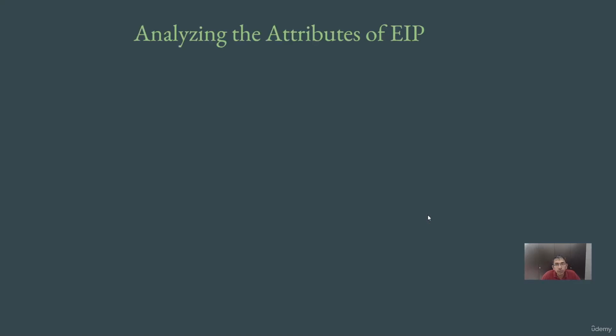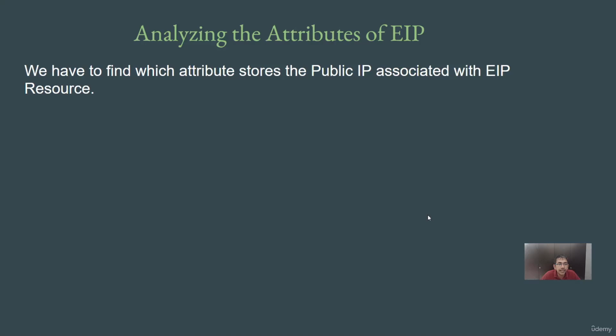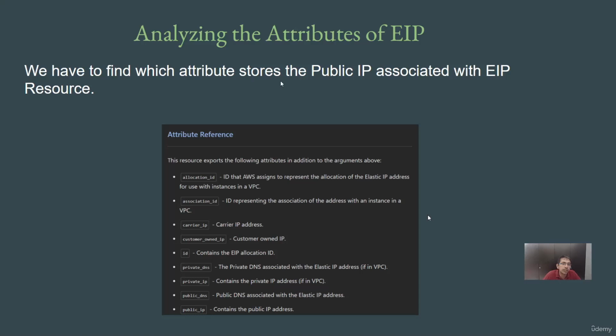Now, in order to solve this scenario, the attributes part of the elastic IP proves to be very useful. In such a case, you have to analyze what attributes are stored as part of the EIP resource. If you look into the documentation, one of the important attributes of the EIP resource is the public IP.